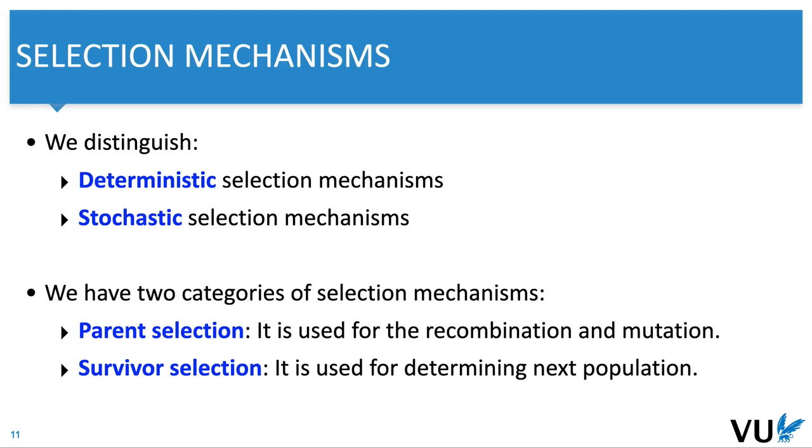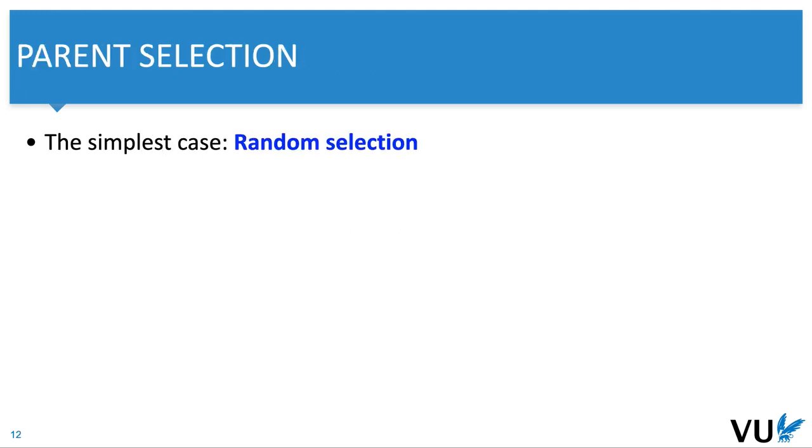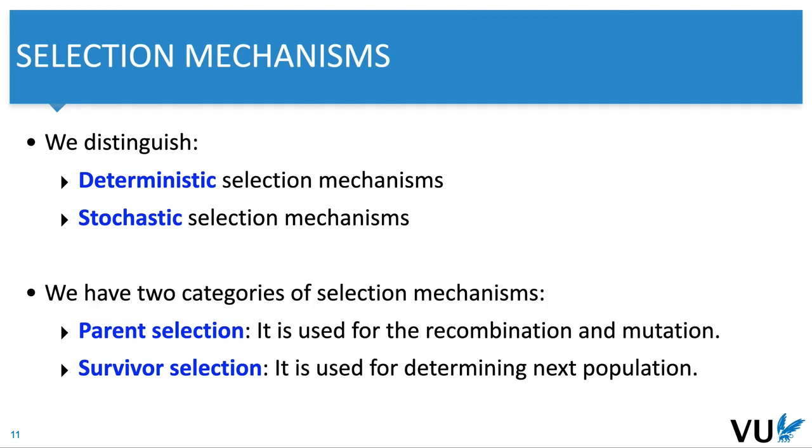And survivor selection, this is the main step. This is the big step in these algorithms, and this determines what is the next population. And of course, another remark, some selection mechanisms could be used both for parent and survivor selection.